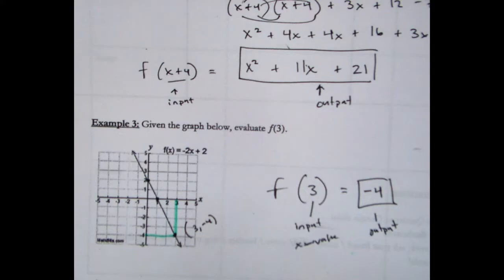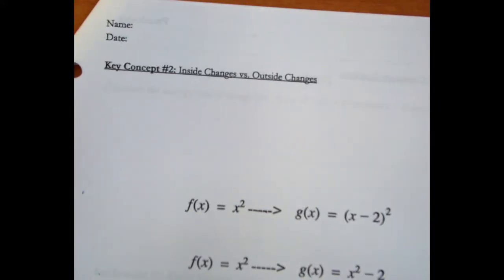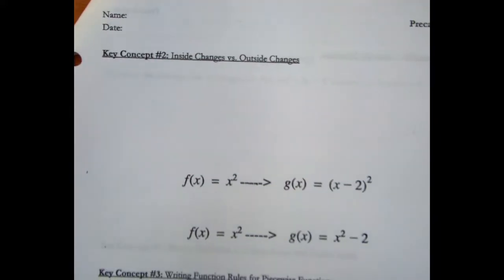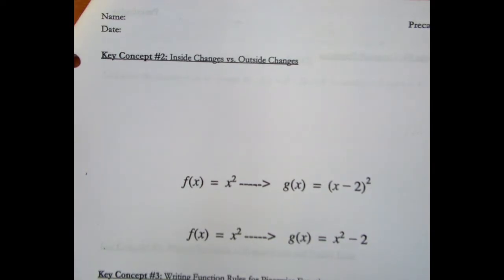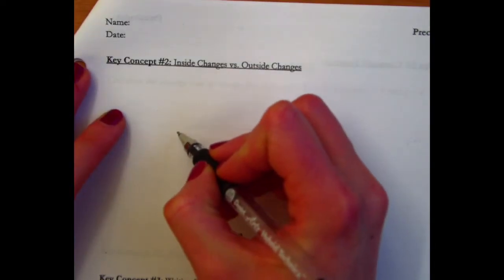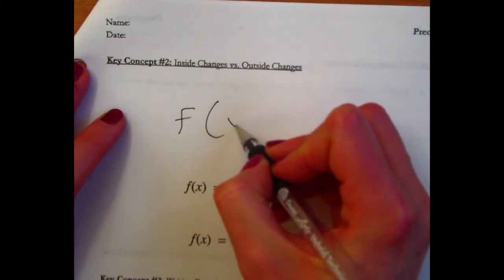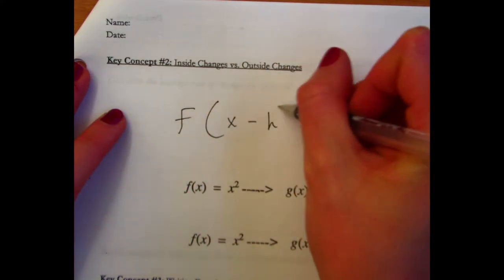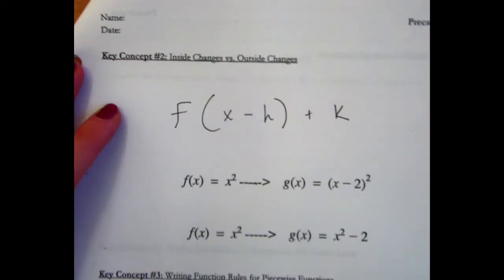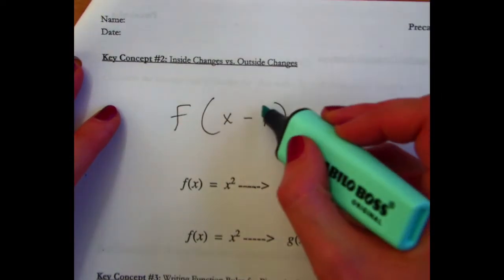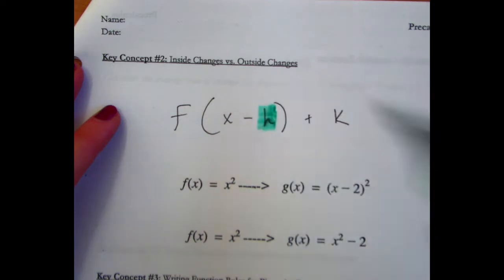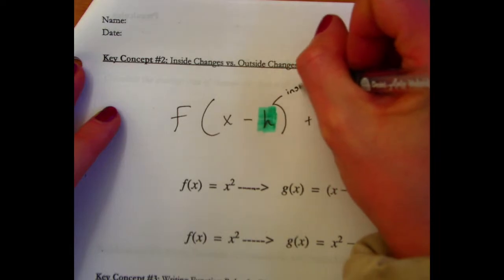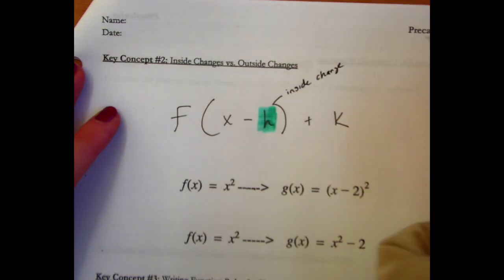Key concept: inside changes versus outside changes. For this, the key thing to remember is this expression, f of x minus h plus k. Remember, this constant h always represents what we call an inside change, because it's inside the parentheses, and it results in a change in inputs, so it causes a horizontal shift.